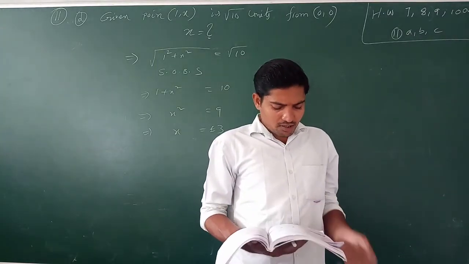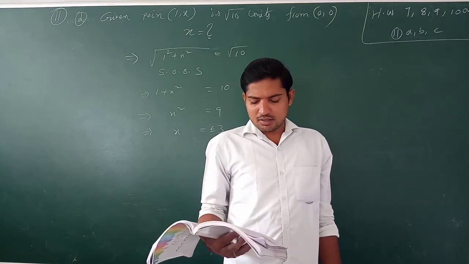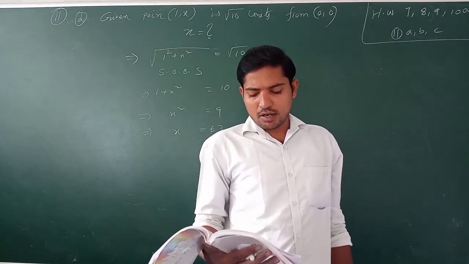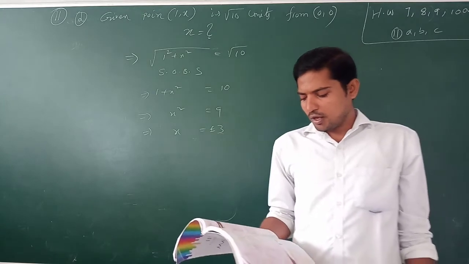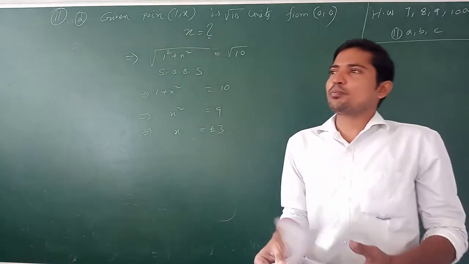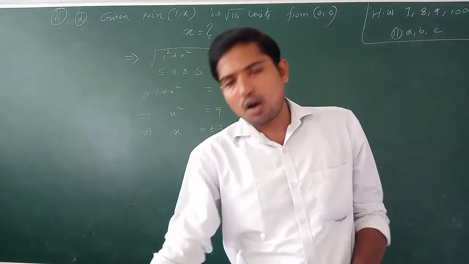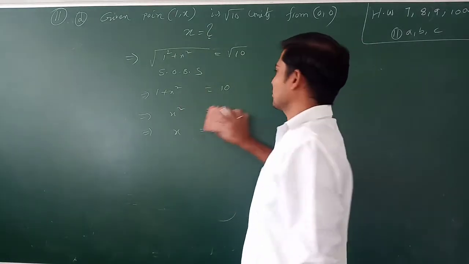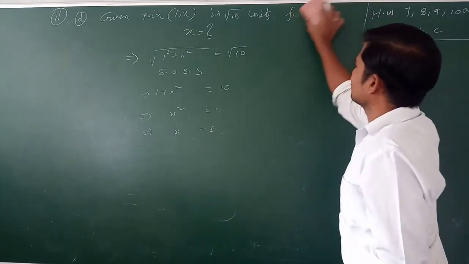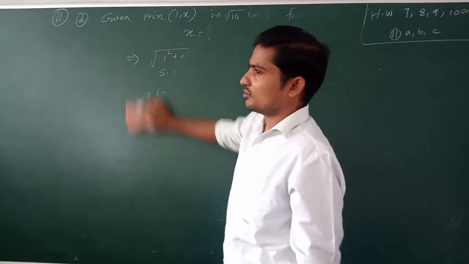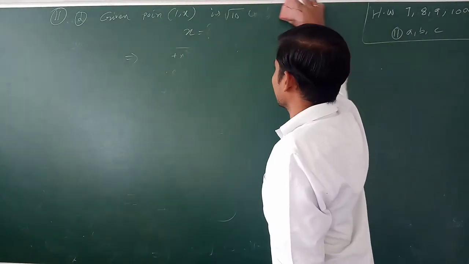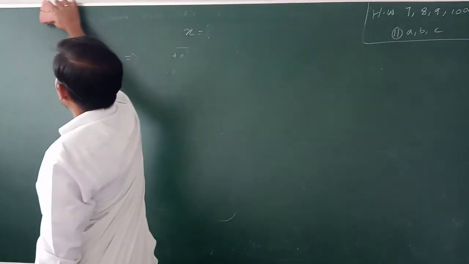The coordinates of the point which divides the line segment joining AB in the ratio. So we need the dividing point coordinates.